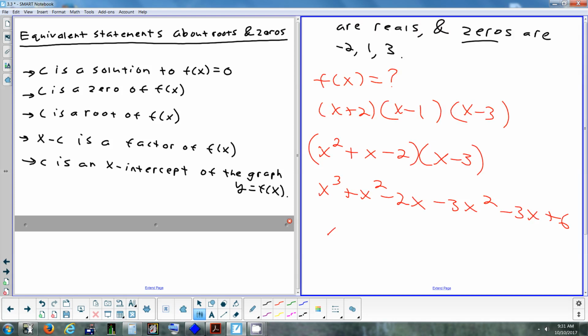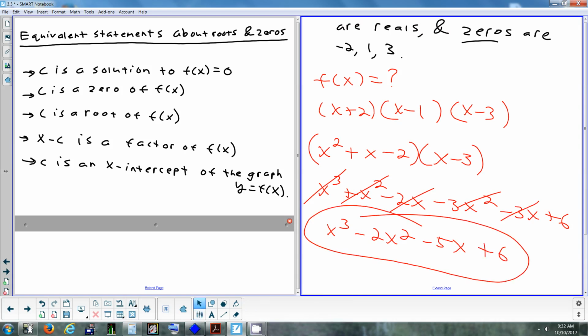And combine like terms. x cubed, x squared and -3x squared is how much? Yep. -2x squared, -2x minus 3x is -5x plus 6.